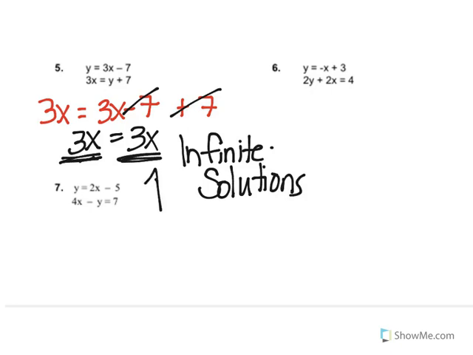It doesn't matter what we put in for x, it'll work out the same on both of these equations. So on these two equations, any number you pick will work. It's an infinite number of solutions.